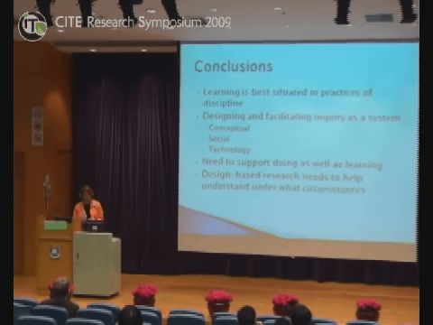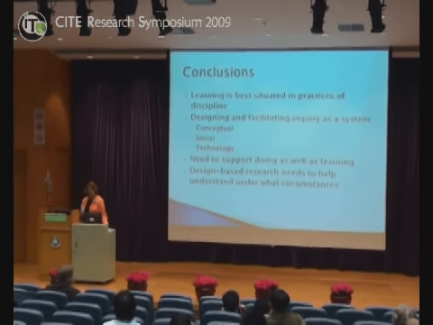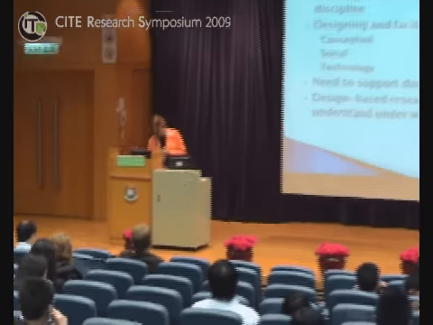So where does that leave us with, I think, a very quick trip through maybe the last 15 years of technology. Because situating inquiry is hard, there's been a lot of work in this area. I think there's consensus among the learning sciences community, though it's not non-controversial by any means, that learning is best situated in the practices of a discipline.